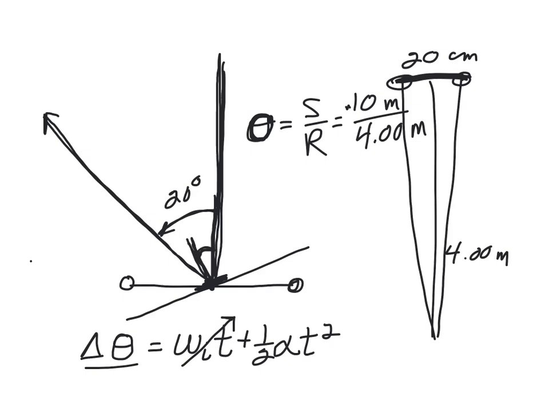So solve that for t. Pause the video and do the algebra. t is going to be 2 times the change in angle divided by the acceleration that we found, dividing the torque by the inertia. We just talked about that. And that's how you're going to get the time. Okay, not easy. Good luck.